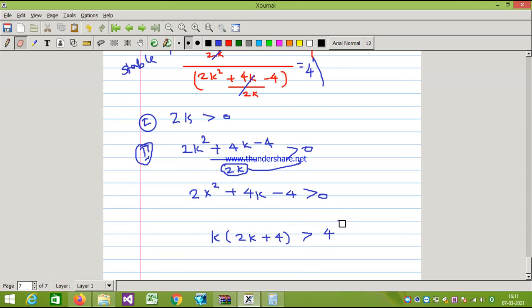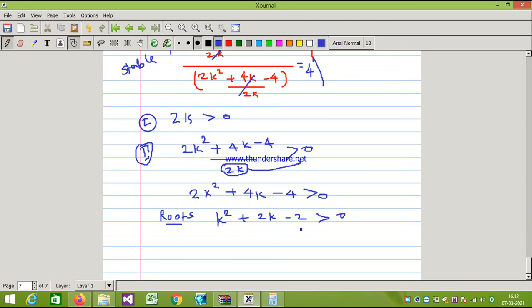Don't calculate this one like this, because here it is difficult to find k. Let's take roots here. When we take roots, what do we want exactly? Let's take this 2 common. When we take 2 common here, what is the remaining? k square plus 2k minus 2, and that 2 becomes 0 because it is shifted to the RHS, so it is greater than 0. Now just find the roots here.